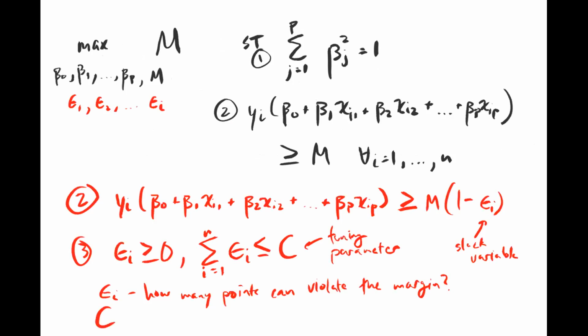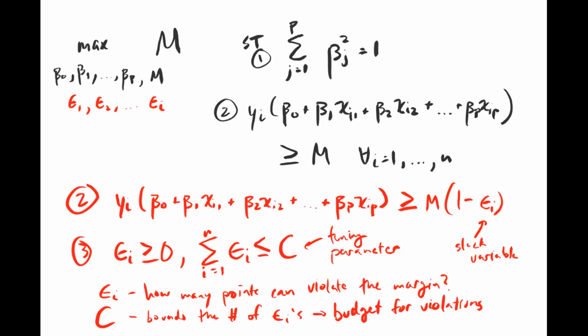C bounds the number of epsilons. So think of this as a budget for violations.